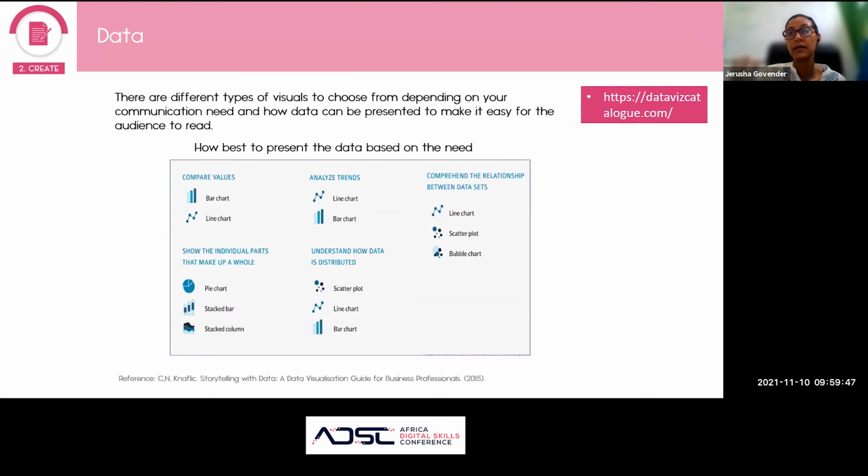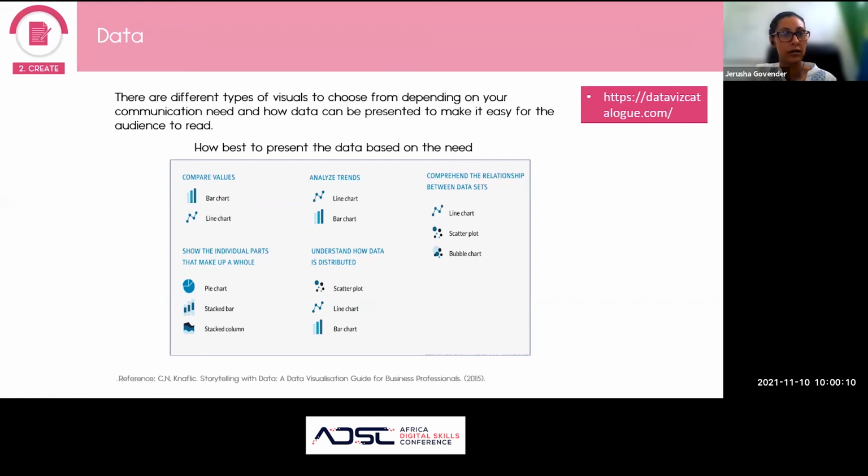And then you start looking at, okay, if this is the structure of my infographic, what is the type of data that I need to include, and how will I present that data? This is a summary of some considerations around your data. Often we'll look at, is my key message showing how things have changed? Then I need to present a comparison of values.